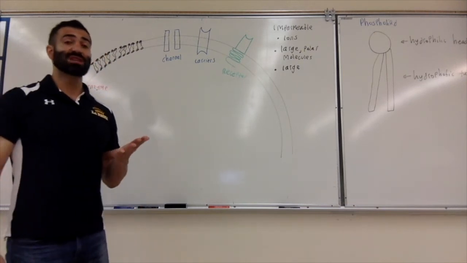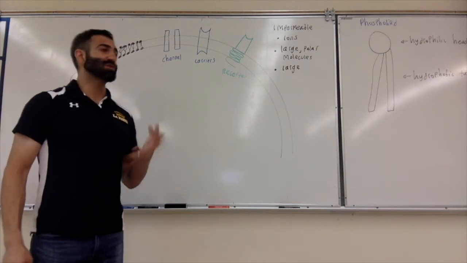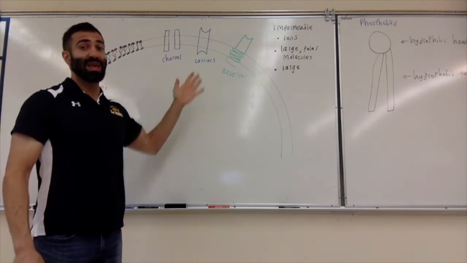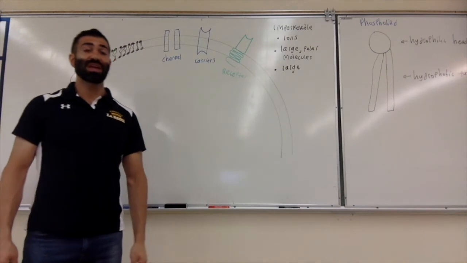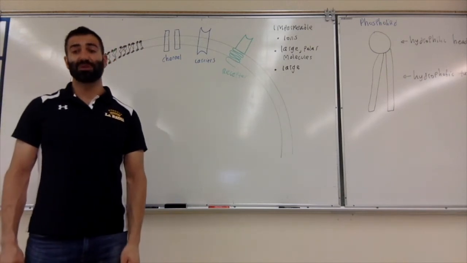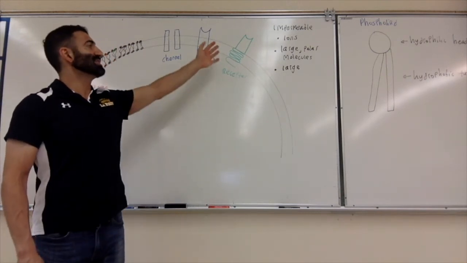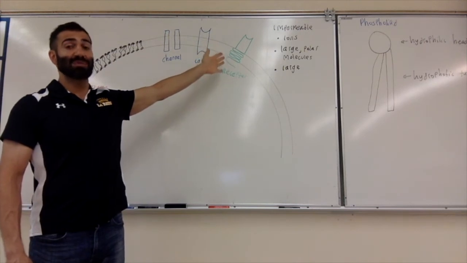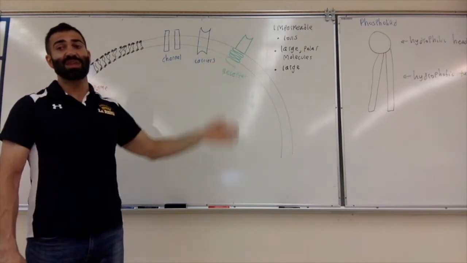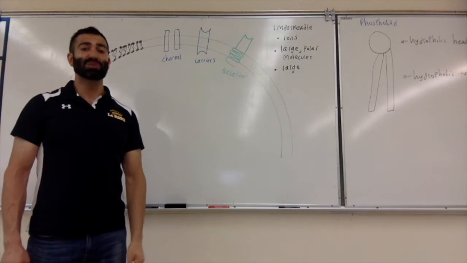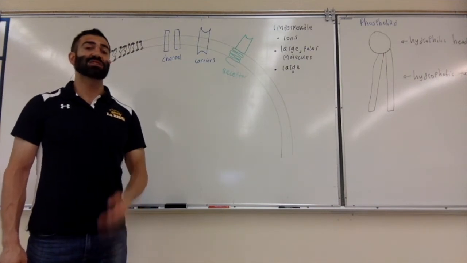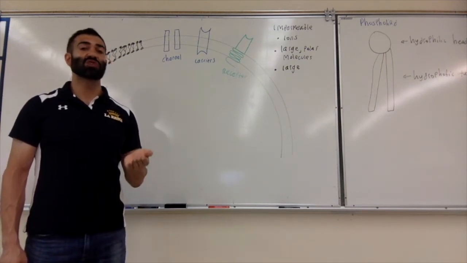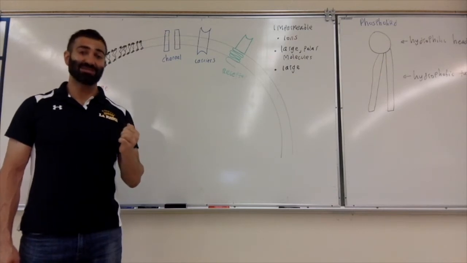This is the way that our cells communicate. For example, our cardiac muscle has receptors for a hormone called epinephrine. This hormone binds with the receptor on the cell. It's called a beta-1 receptor. And it tells the cardiac tissue to contract harder and faster.